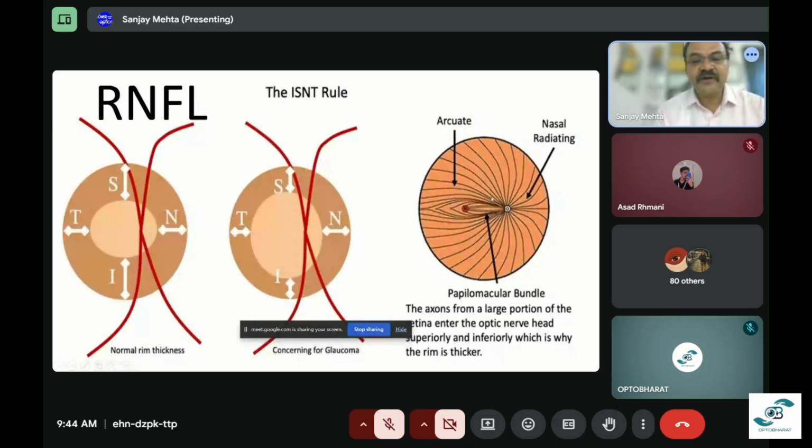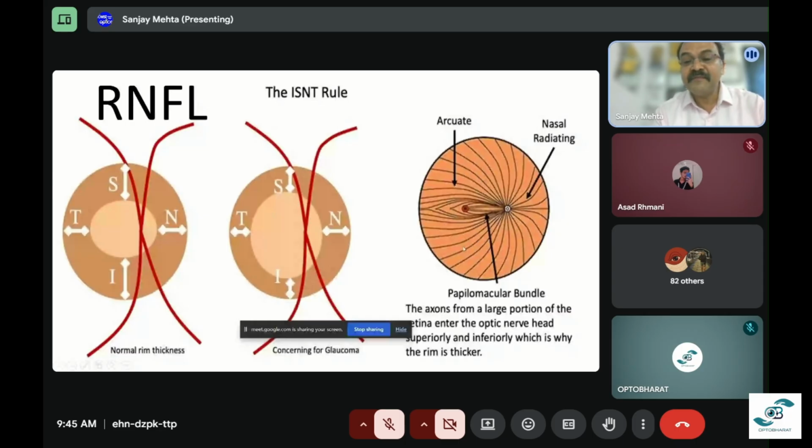The reason being that the nerve fiber layer is moving like this from the optic disc, or I would say it's going towards the optic disc, vice versa we can call it. It goes in an arcuate format.